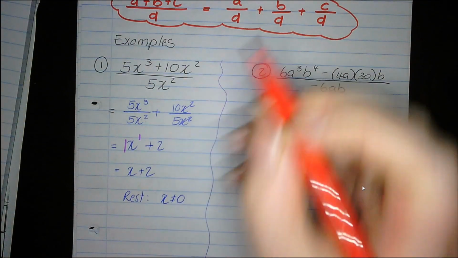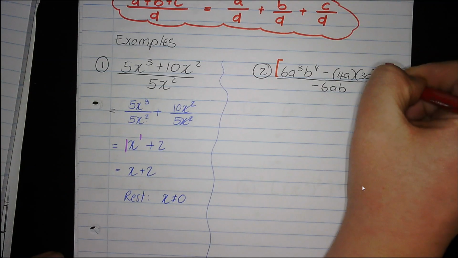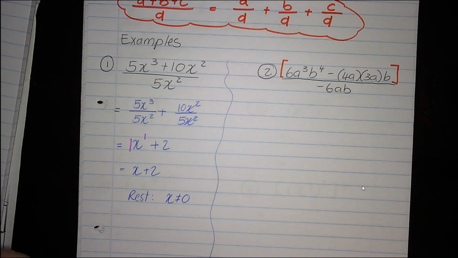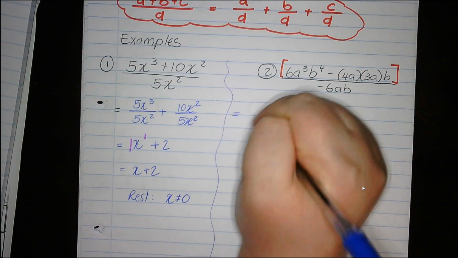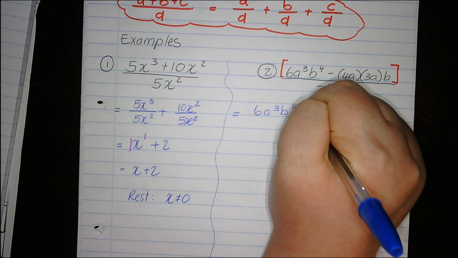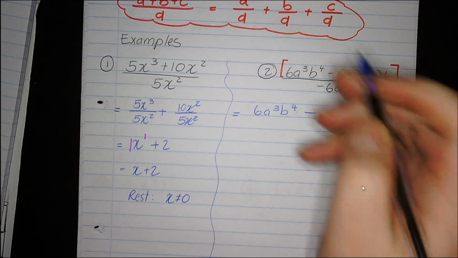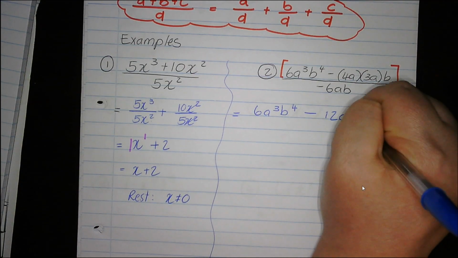Alright, let's look at example number 2, quite a difficult one. Remember, you want to simplify the numerator on its own first. Okay, so let's have a look. In the numerator we have multiplication, so we're going to do that. We have 6a cubed b to the power 4 minus 4 times 3 is 12. A times a is a squared and b comes along.